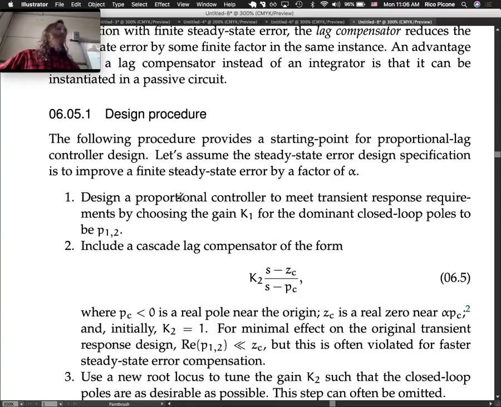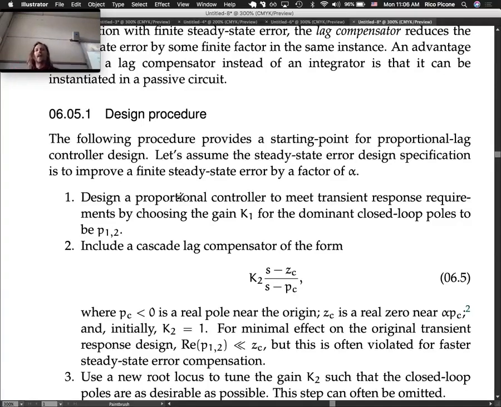It may be given to you, like in the example we'll do, where I'll say improve it by a factor of 10. Or it could be that you have a specific spec, like I want a steady-state error of 2%. Then you have to figure out what the factor is. Sometimes the factor is given, sometimes you have to deduce it from another spec.